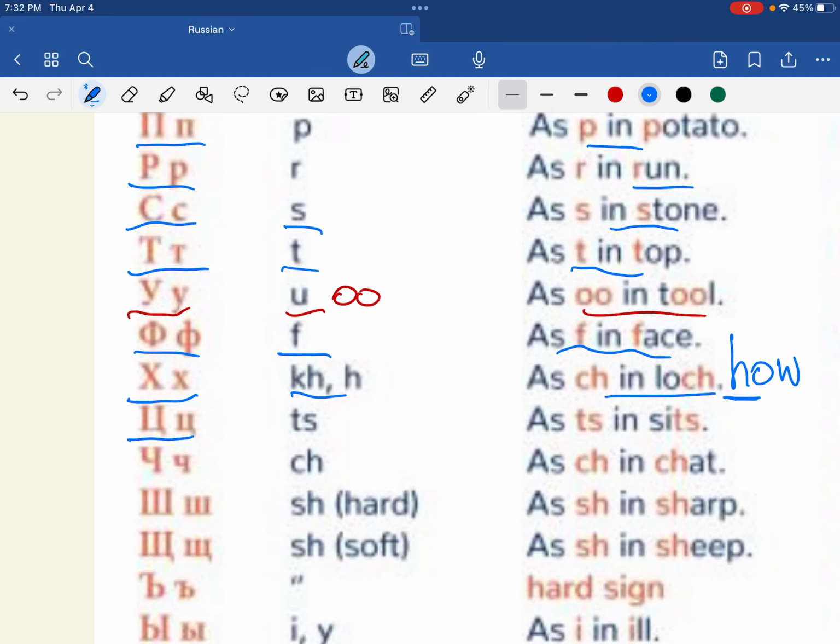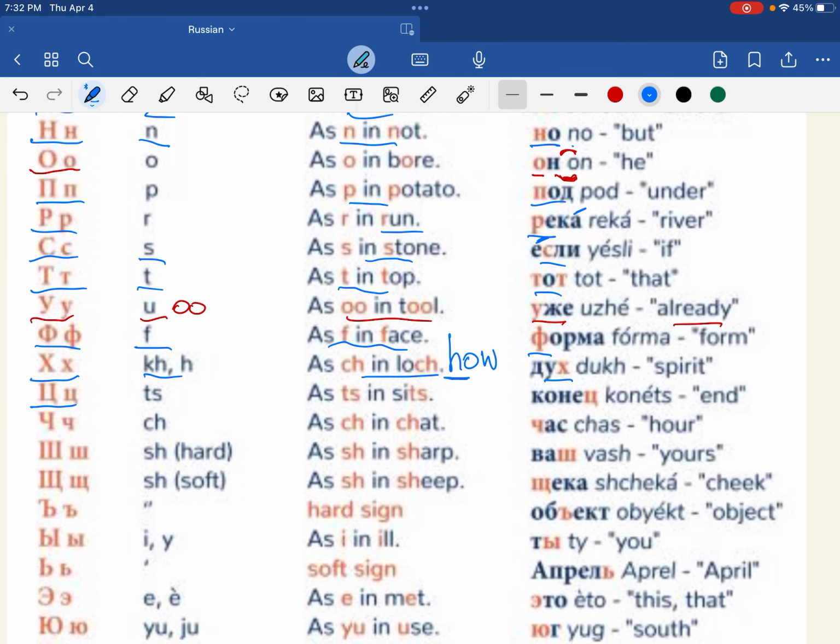Another consonant is Ц. It's pronounced like ts, and in English this sound is made of two letters, T and S. For example, sits, or in Russian, like ts in the word конец, which means the end. Another consonant is ch.